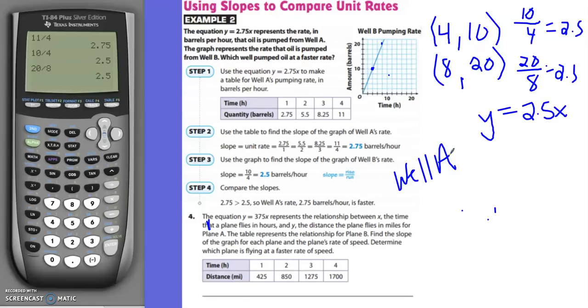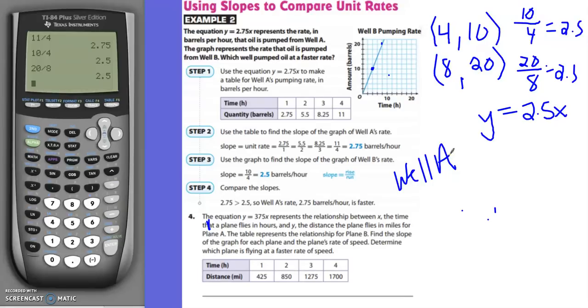The equation y equals 375x represents the relationship between x, the time that the plane flies in hours, and y, the distance the plane flies in miles for plane A. The table represents the relationship for plane B. Find the slope of the graph for each plane's rate of speed.